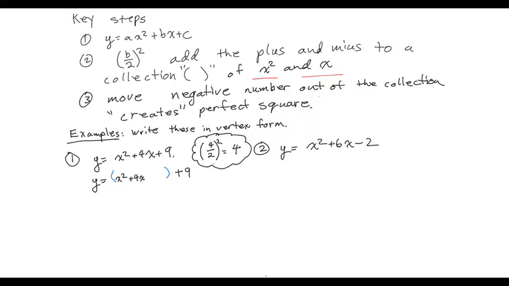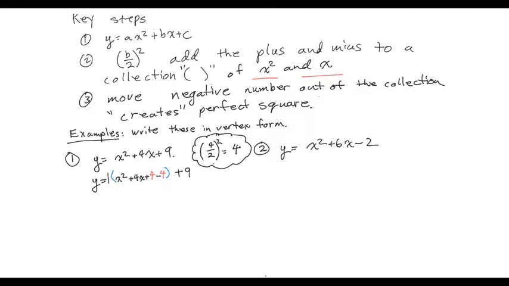So we're going to add 4, and then we're also going to subtract 4 in this bracket. If there is nothing sitting in front of this bracket, the number in front of it is essentially 1.